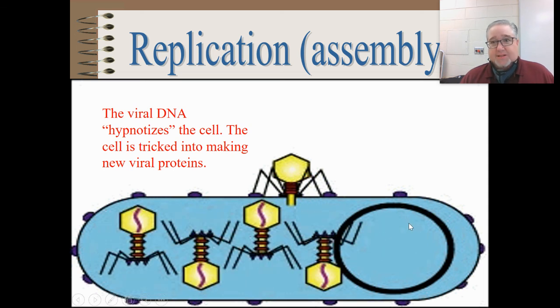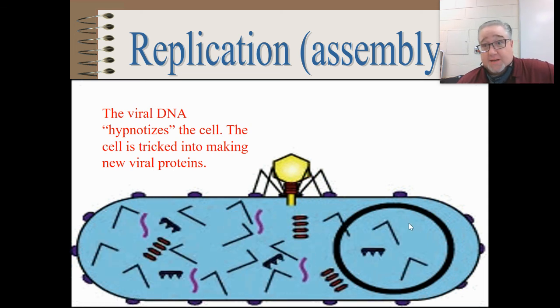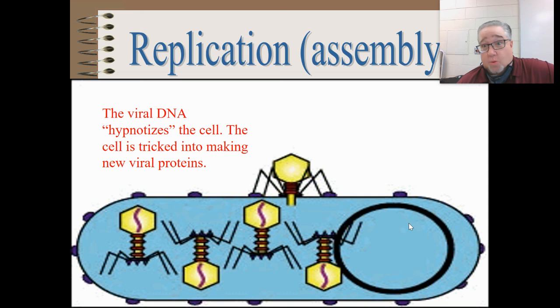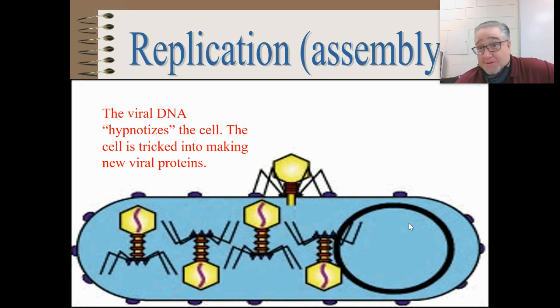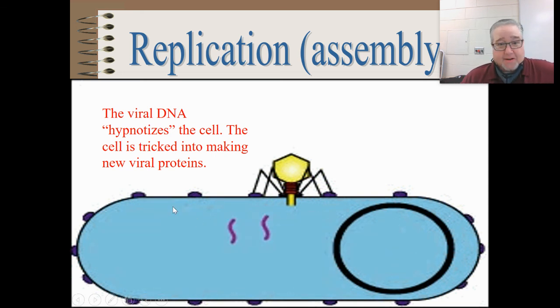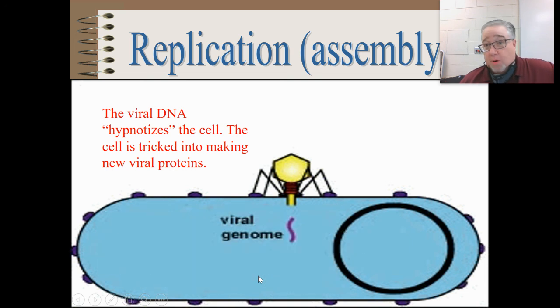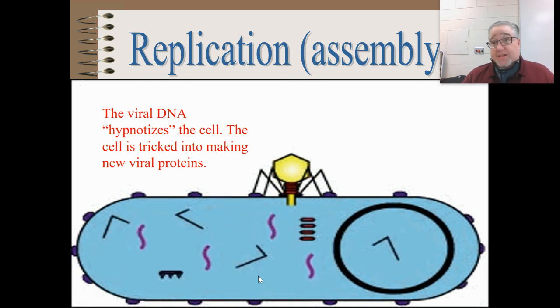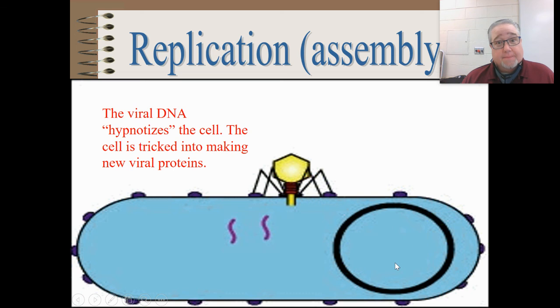It tricks the cell into doing what the virus wants, which is to make more viruses. So this bacteria is assembling viral proteins, which are being assembled into new viruses. That's what's happening inside of the cell.